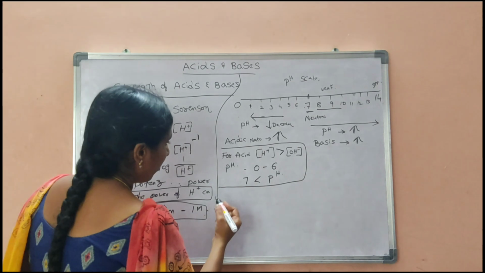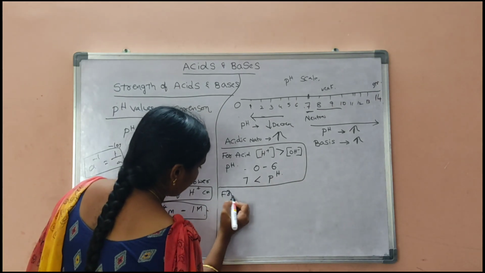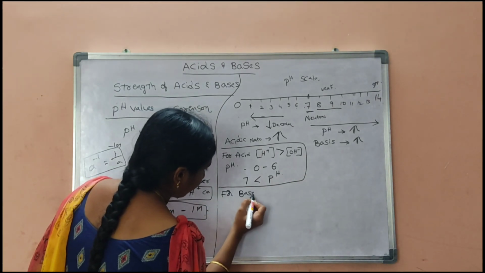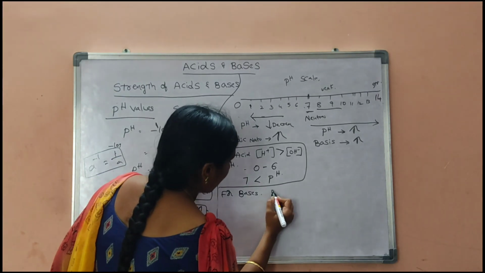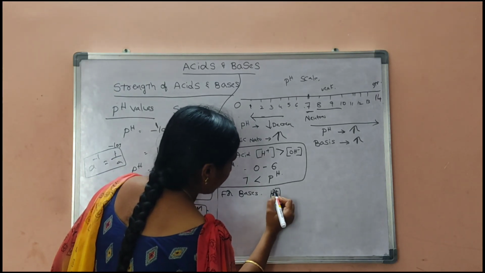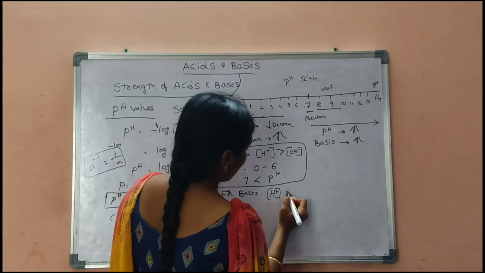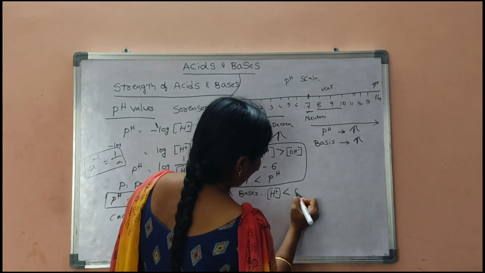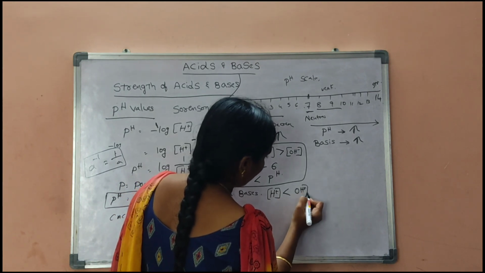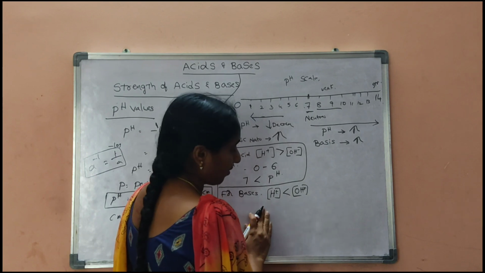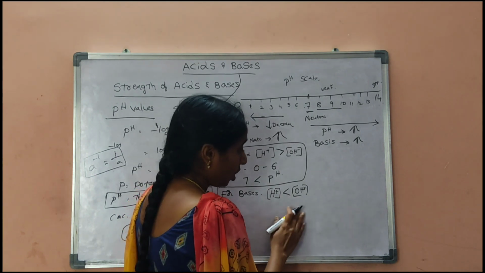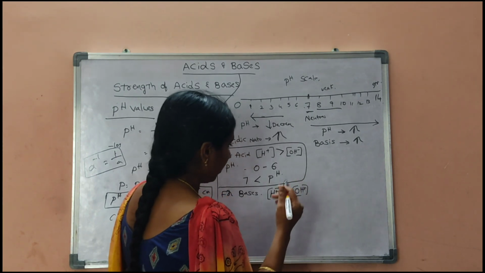For bases, the H plus concentration is decreased and the OH minus concentration is increased. The H plus concentration is less than the hydroxide ion concentration.